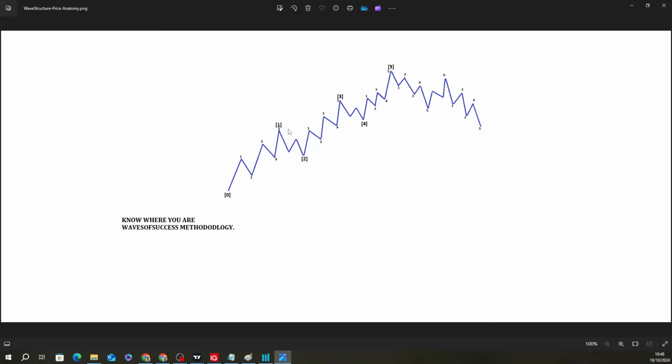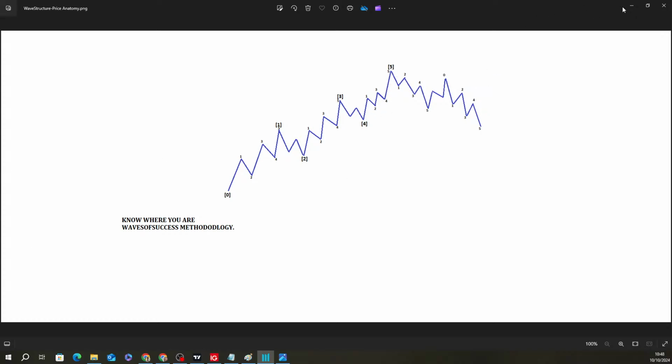We have the wave structure 1, 2, 3, 4, 5. This is where we are right now on the downside in the card yen, and that is the end of the wave structure, because after this wave structure there will be a stronger price movement against the direction. Okay, so that is why we want to trail when price is in this price phase.